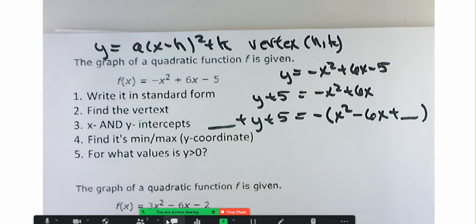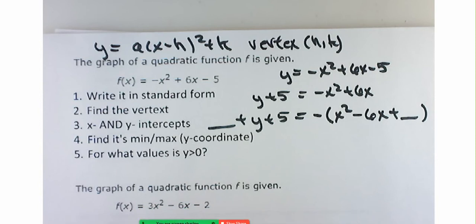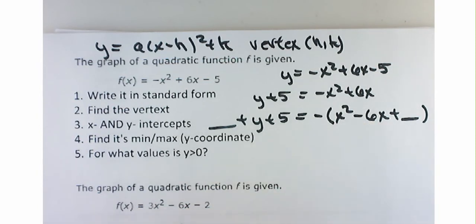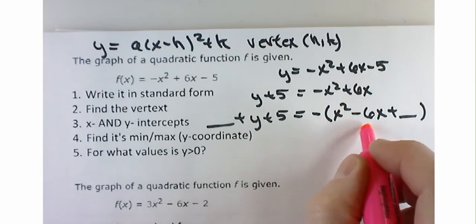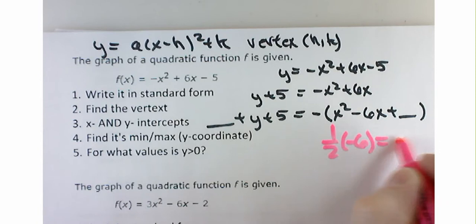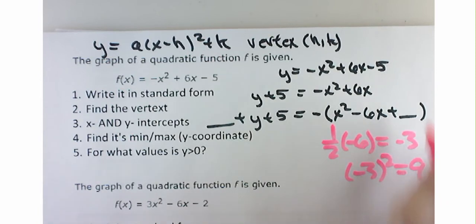complete the square? If you remember back to your intermediate algebra classes, what you're going to do is take half of this number. So half of negative 6 is negative 3. Negative 3 squared is 9. So I'm going to put a 9 up there.